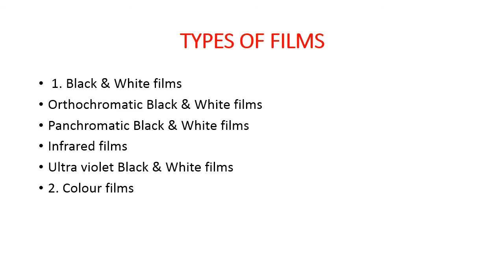First layer is sensitive to blue light, second layer is sensitive to green light, third layer is sensitive to red light. Therefore, depending on colors, respective colors respond and freeze an image on the film.